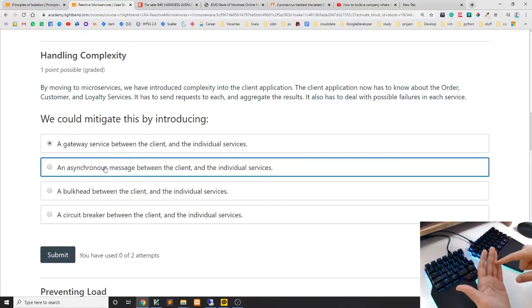A circuit breaker between the client and the individual services. When saying circuit breaker, it means that the microservices don't want to retry whenever they have a failure.